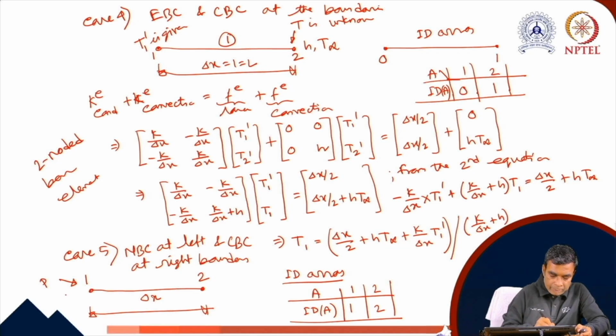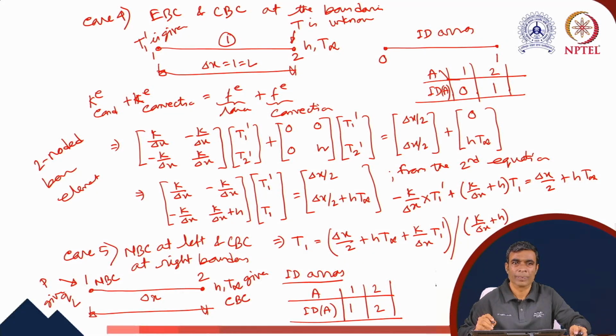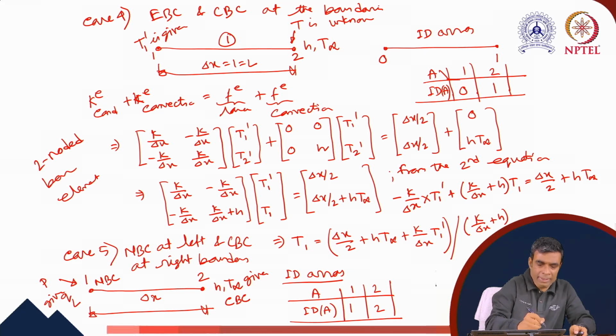At the left boundary, QL is given. At the right boundary, H T infinity is given. So this is NBC and the right boundary is CBC. A small correction here: the temperature vector is missing, so we represent the temperature vector here.